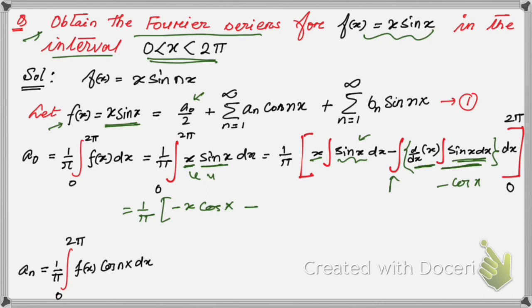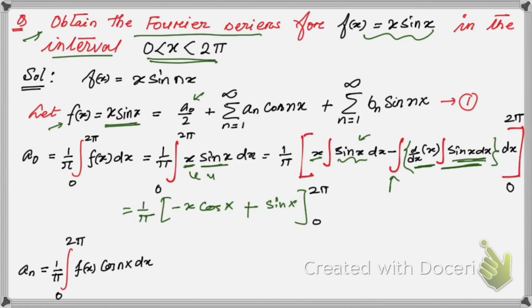Again we have an integration here. If you integrate it again, you will get minus sine x, right? So minus sine x into 1 remains minus sine x, and here this minus is going to be plus sine x, right? So that's what we have got, integrating from 0 to 2 pi. So hope you have understood this.